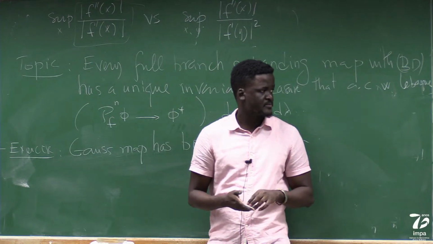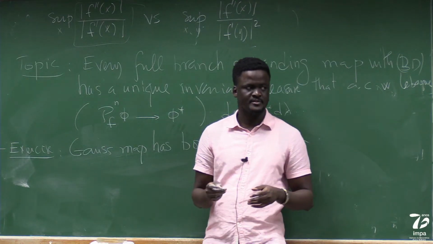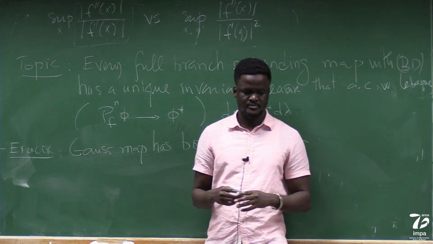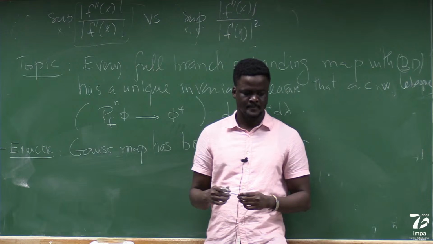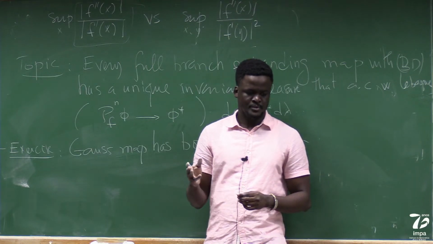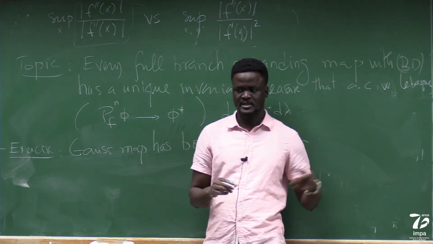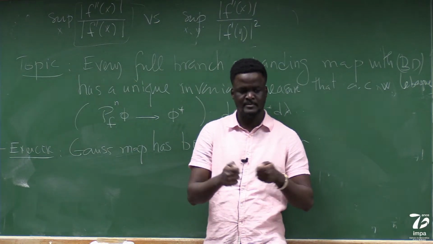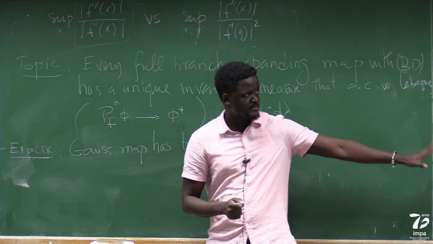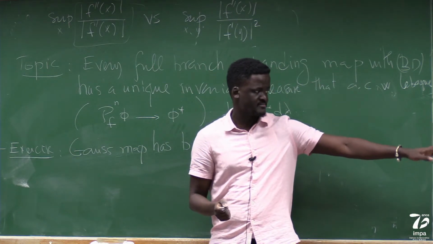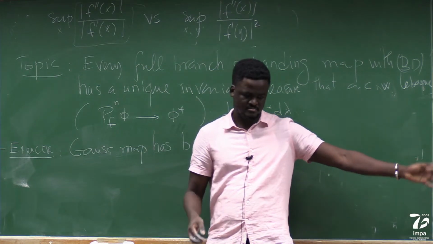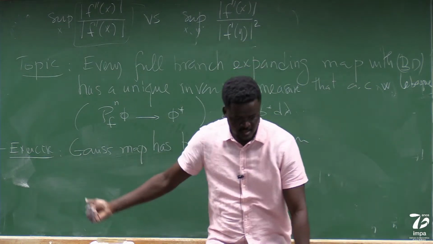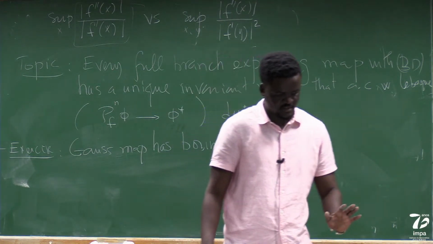For the next lecture, I will do the Bernoulli shift, the shift maps, a good example to study dynamical systems. Then I will explain the Hopf argument, how to prove ergodicity for general dynamical systems when you have some hyperbolicity. For one-dimensional maps, this is a good way to do it if you have expansion. If you don't have expansion, the example we saw is the circle rotation, which is very particular.